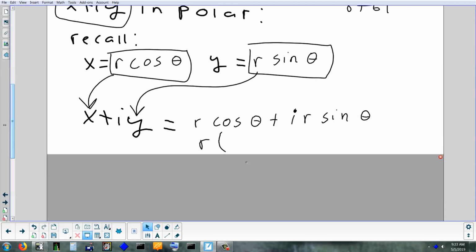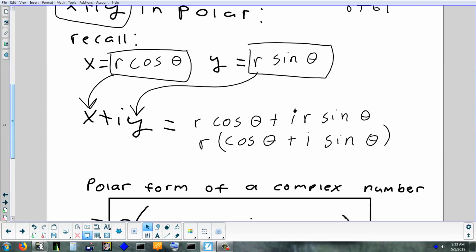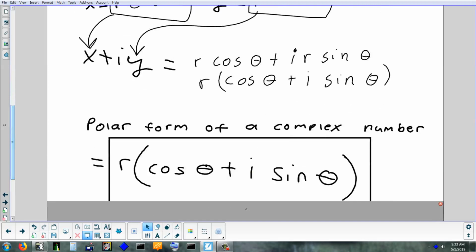If I factor an r out of the first part, what's left? Cosine theta. And if I factor an r out of the second part, what's left? i sine theta. And that is the polar form of a complex number. That's how you write a complex number in polar.